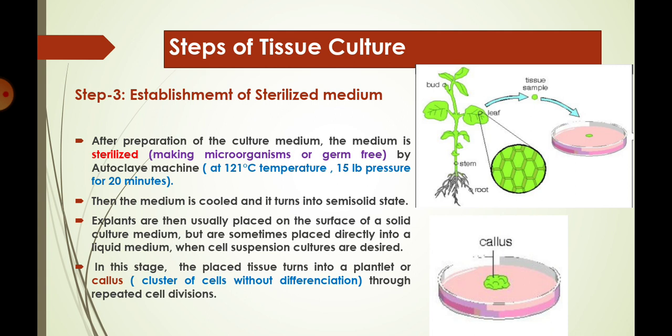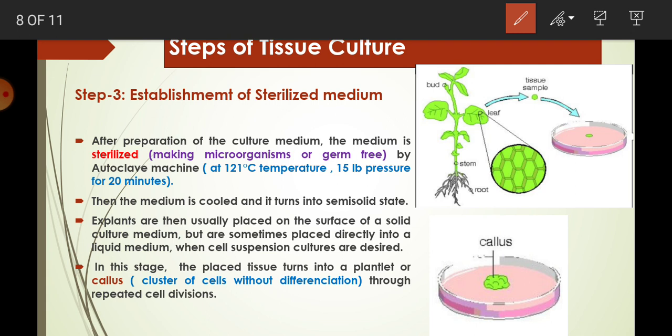Explants. What is an explant? An explant is the part of the plant that we will separate from the mother plant for the next step of the tissue culture. That is, the part of the plant that we will use for tissue culture is called an explant, and explants are then placed on the surface of the solid medium, and sometimes they will be placed into a liquid medium, which is called suspension culture.